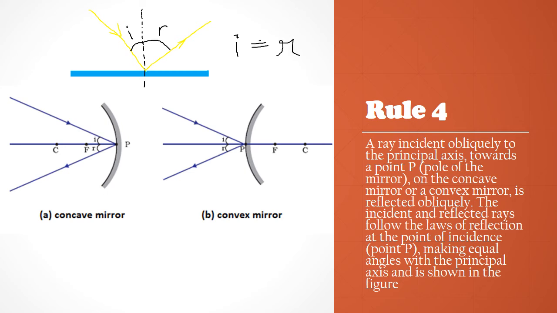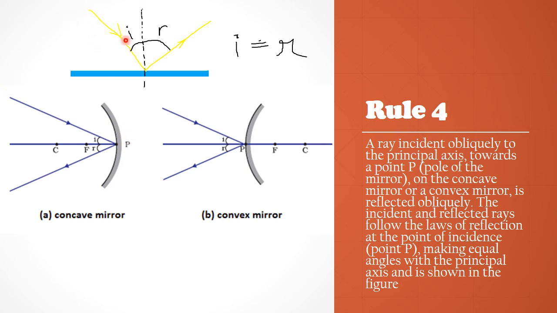Now apply the same concept here. So this is your reflecting surface. Now a light, this is your incident light. This light is moving obliquely. Obliquely means it is tilted. So this light is moving obliquely towards the point P. What happens to the light when it moves towards this point?